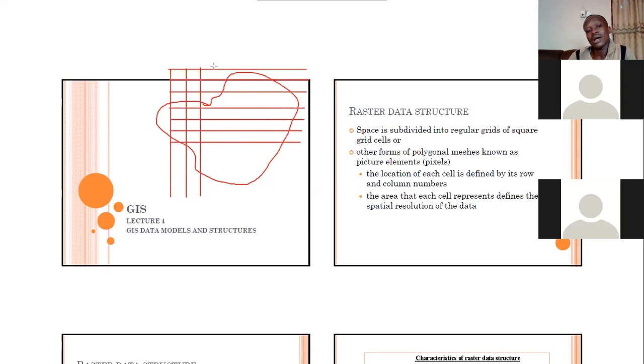Okay, so this is the raster data structure or raster data model. Of course, these are not squares. Some of them don't look square, but it's because I'm just trying to show you on the board. Now this is not the only way we can represent our world with a regular grid of square grid cells.